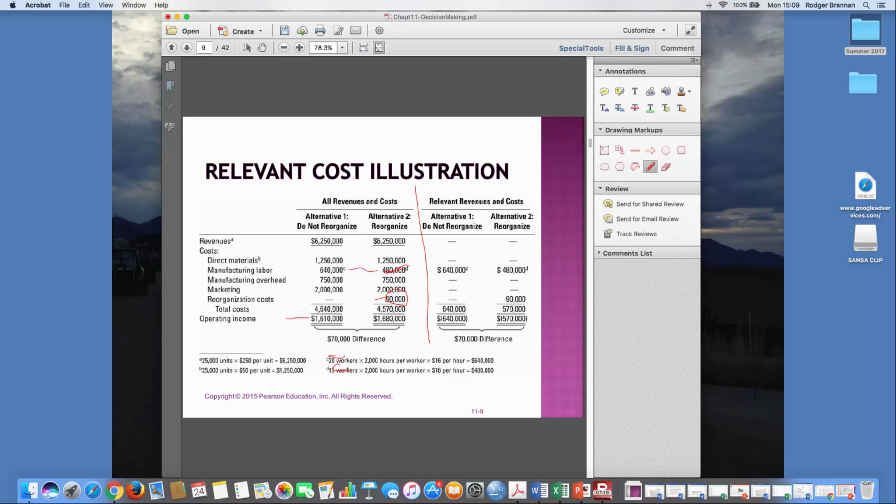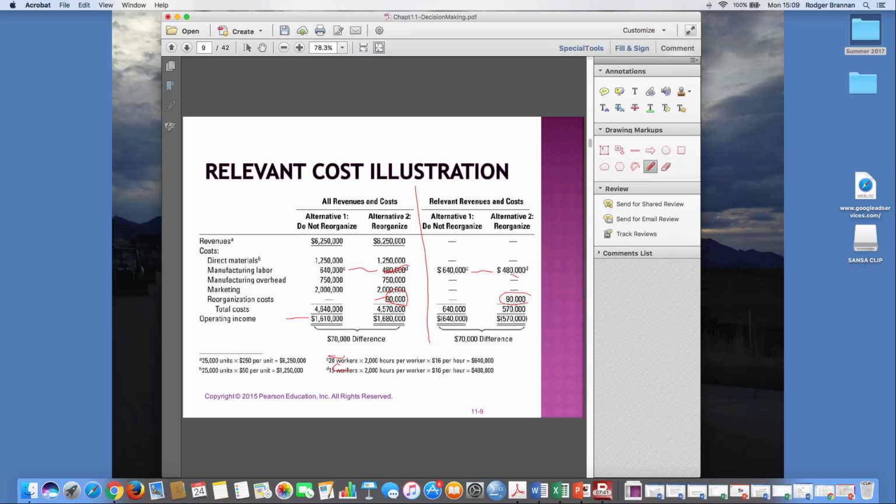Well, the first and primary thing that's going to be different would be the manufacturing labor. If I maintain the status quo, I will continue to pay $640,000. If I make the investment, okay, then given I only have 15 workers, my labor cost will only be $480,000.